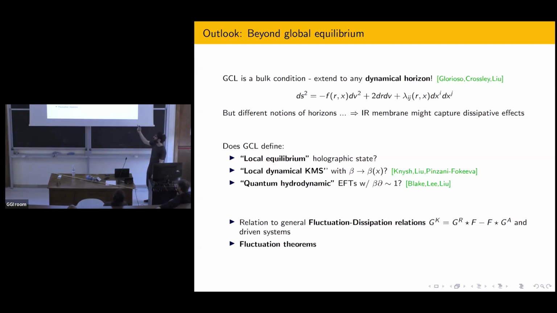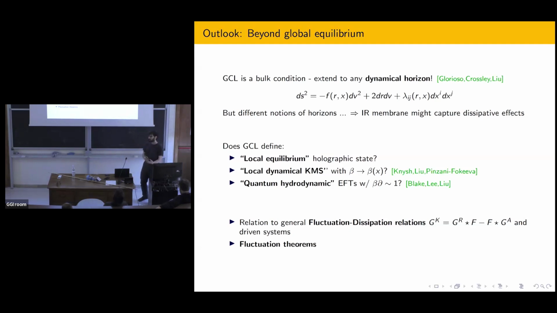So if you consider a black hole which has, for example, the Vaidya or fluid-gravity form, or even wild variations beyond a derivative expansion, you can still apply GCL. No one has really done it so far, but this would be the dream.